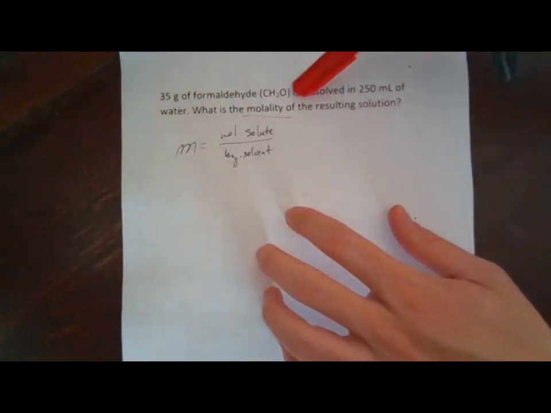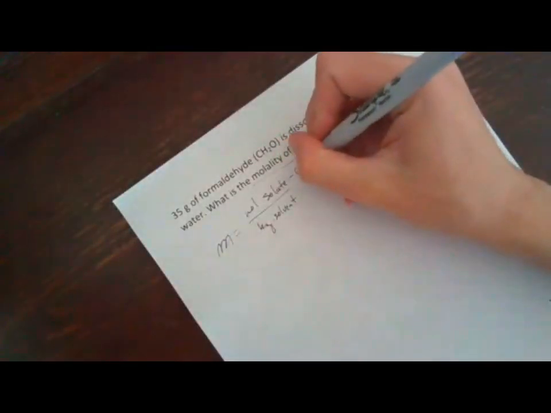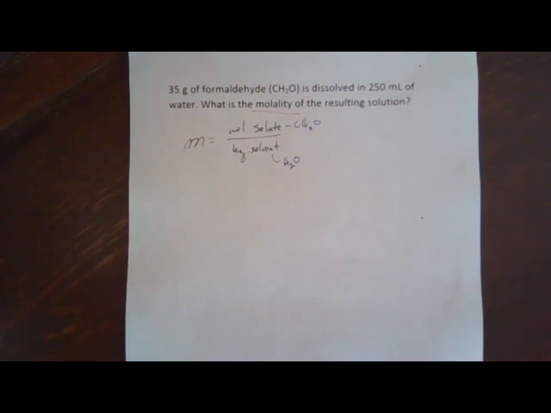There's no solution overall. Because 35 grams of formaldehyde is dissolved in water, our solute is CH2O and our solvent is H2O.